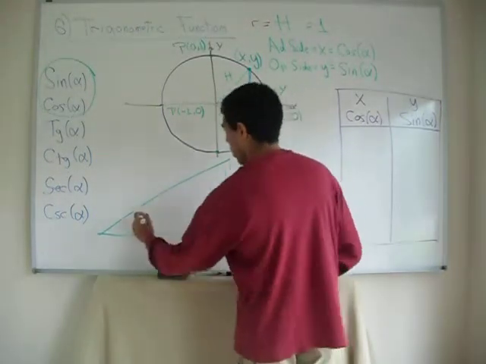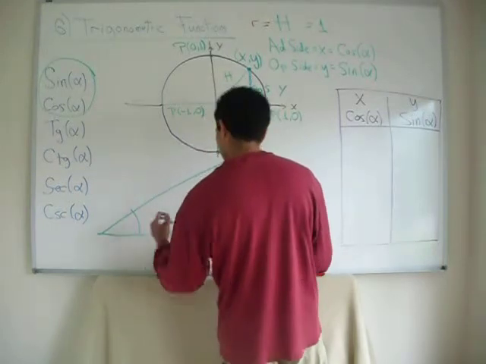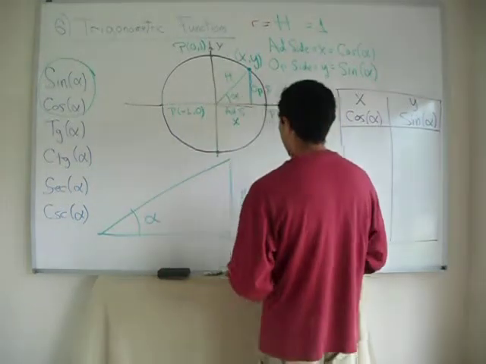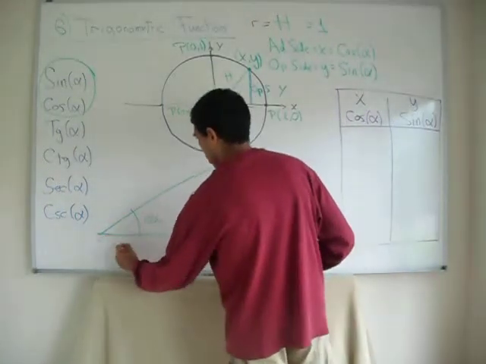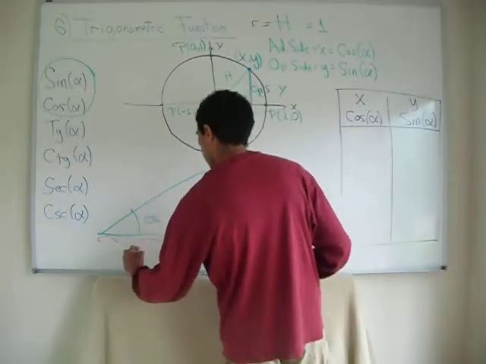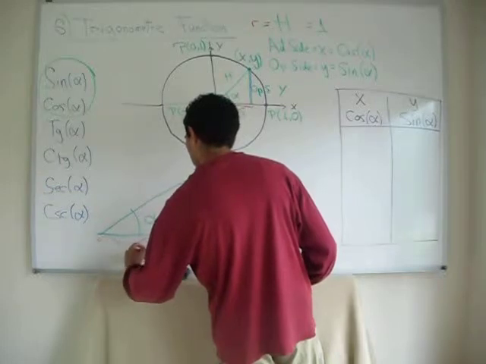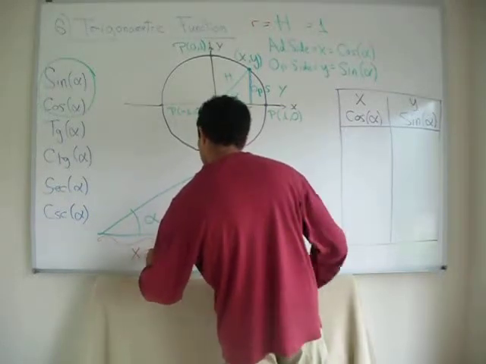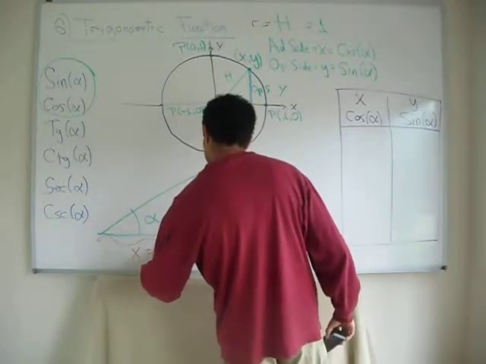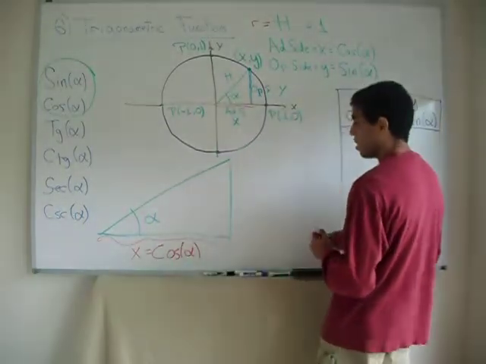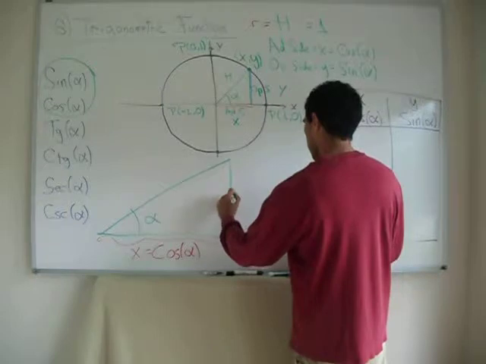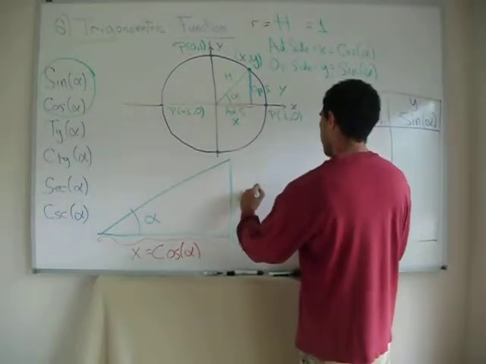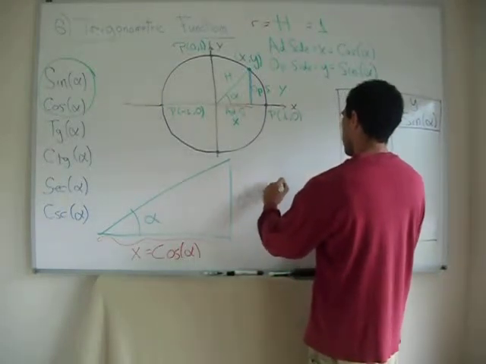Okay, this is alpha, and this distance right here at the bottom is x, which is cos of alpha. This distance right here in front is y, which is sin of alpha.